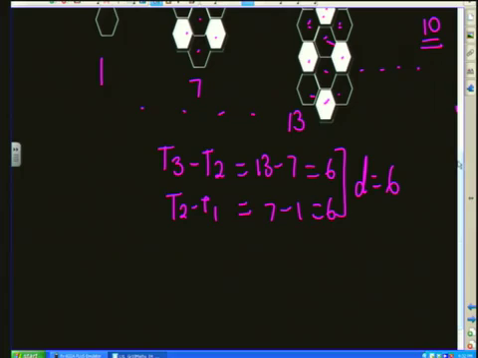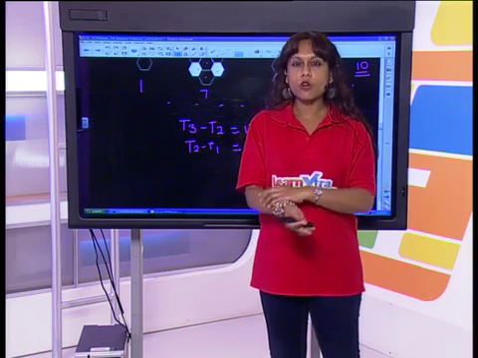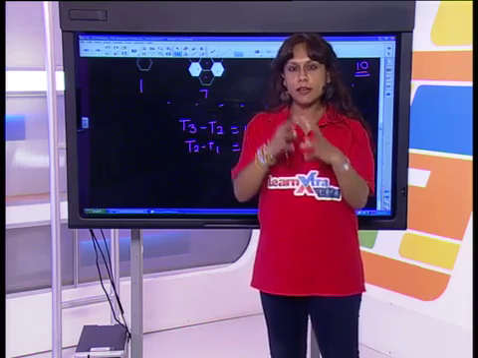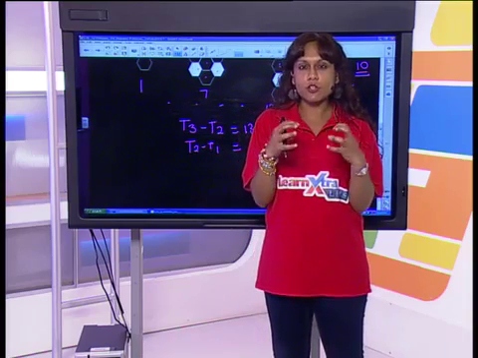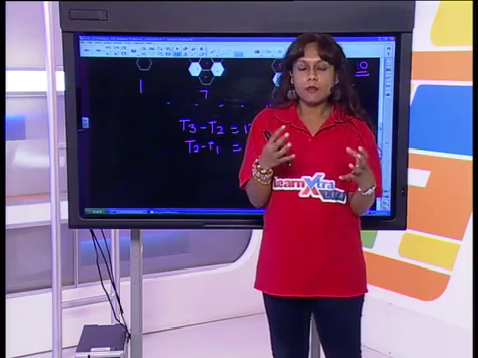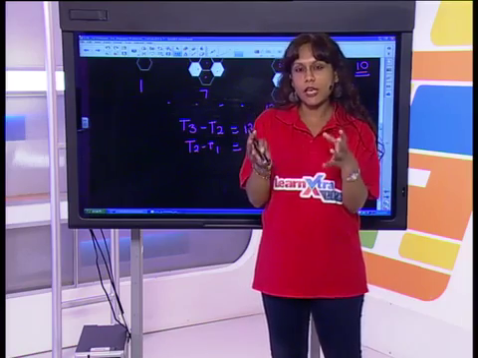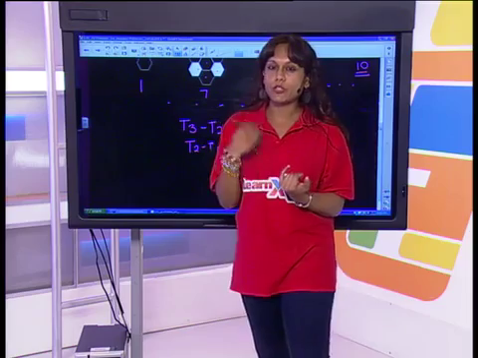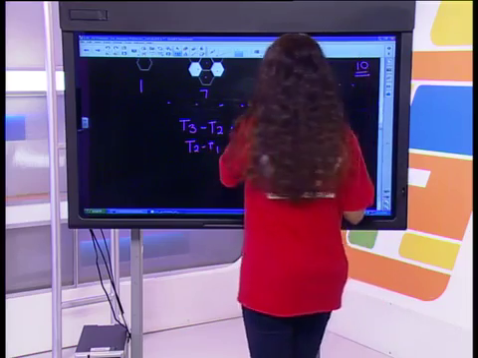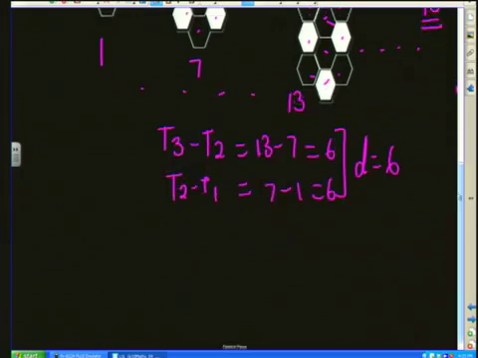In order to work this out, what do we need? We go back to the same thing again. We need to be able to work out the general term. Once we have the general term, we substitute the position we're looking for. We're looking for pattern 10, so we substitute n with 10, and that will help us work out how many hexagons are in the 10th pattern.